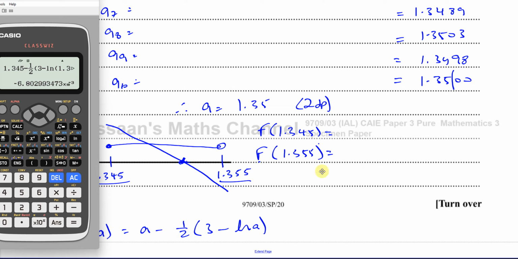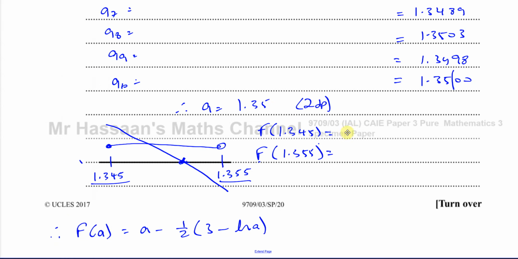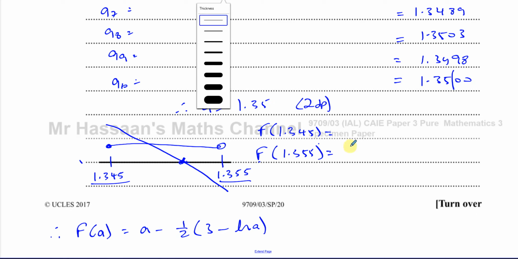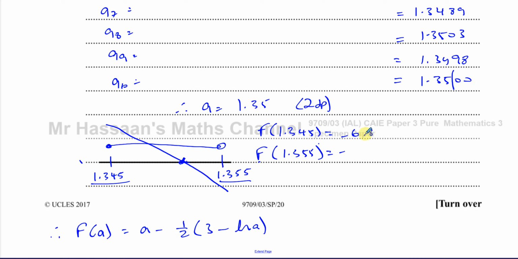That gives us a negative: negative 6.80 times 10 to the power of negative 3. So that's negative.